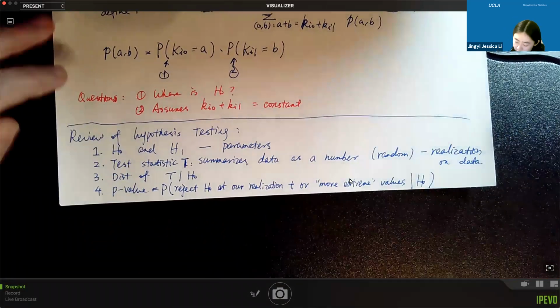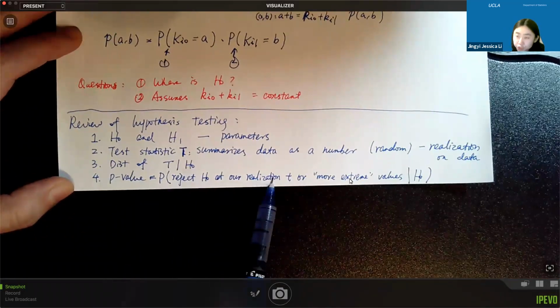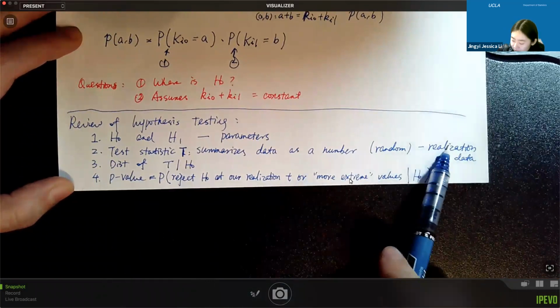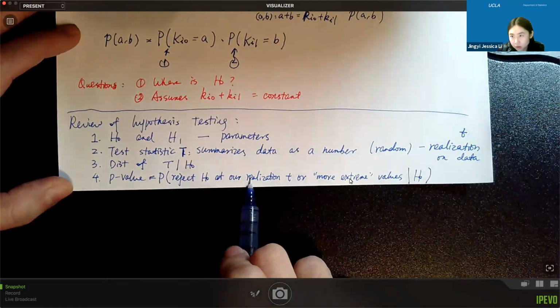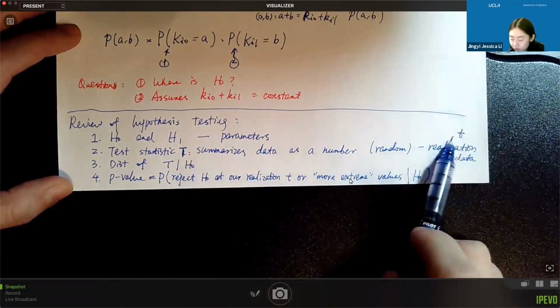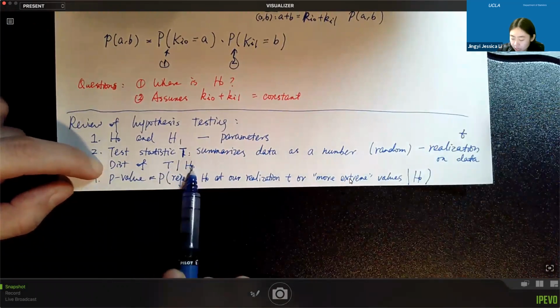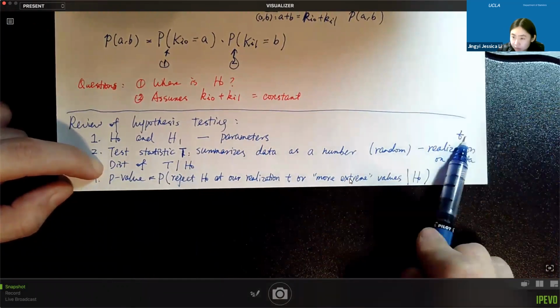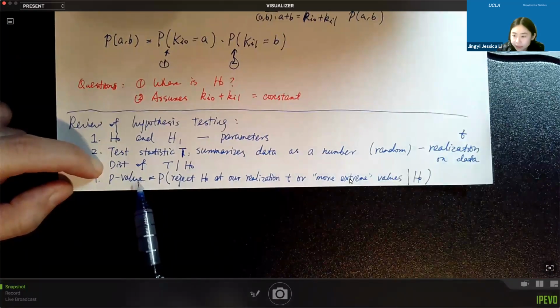So in other words, you can consider the p-value to be a conversion of the realization to a number between 0 and 1. Given the distribution of t under the null hypothesis, every realization can be converted to a p-value. So that means the p-value itself is data dependent.